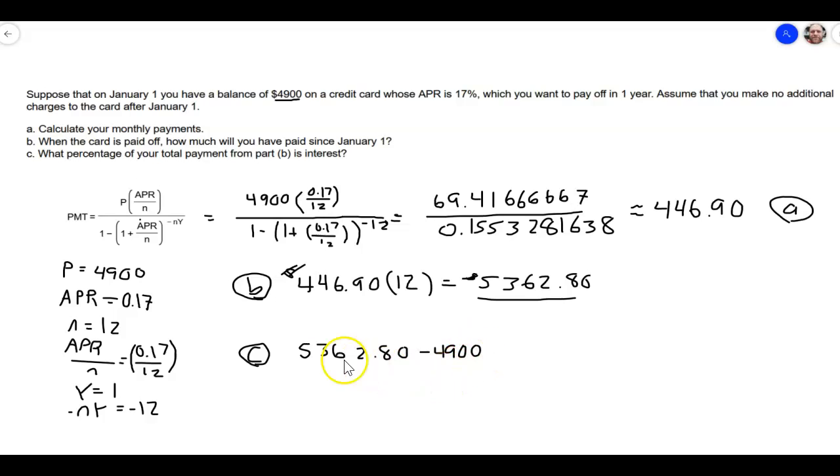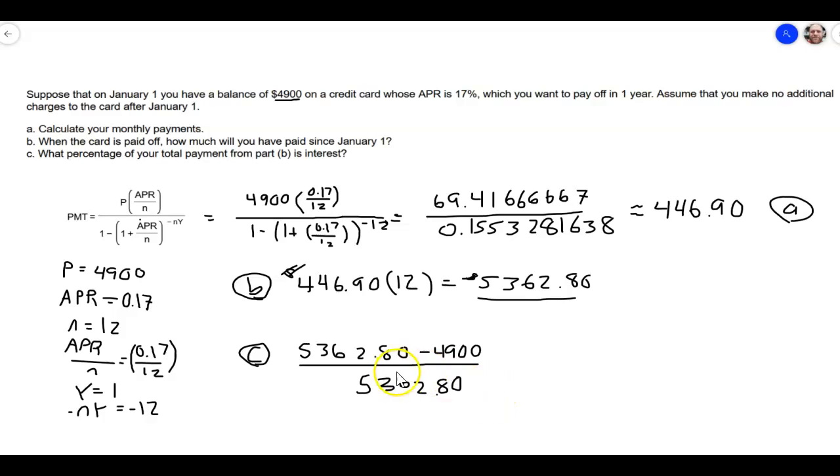That'll give us the amount that we actually paid in interest on this, right? Because if this was the total amount that we paid, and this was the actual amount of stuff that we charged, then the difference is the actual amount of interest that we paid, right? And we put that over the total, which is this 5362.80.